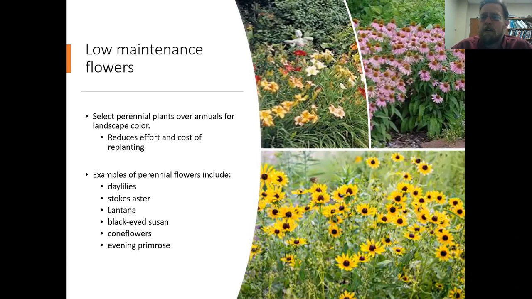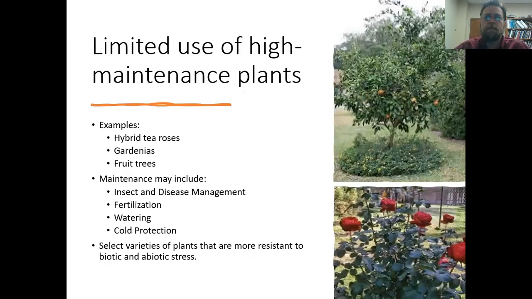Echinacea or coneflower, which is just gorgeous and comes in all sorts of different colors. Evening primrose, which again you see growing wild all over the place. Really low maintenance flowers that not only take up space that you don't have to fool with too much, but also provide just gorgeous color in the landscape.